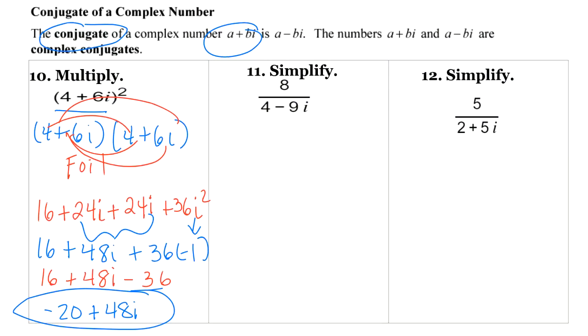So likewise, when we have complex numbers, when we have an i in our denominator, we also want to get rid of that. Now, in order to get rid of that, we multiply the expression by its conjugate, meaning that we take the same numbers, but we change the sign to the opposite.